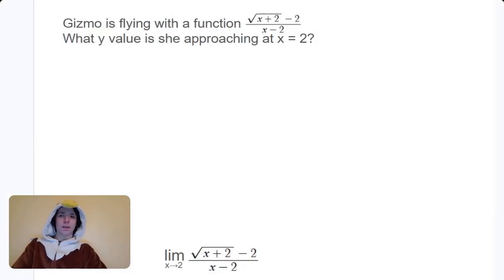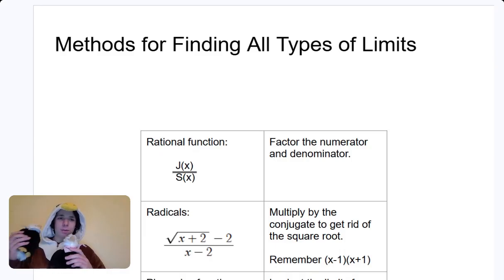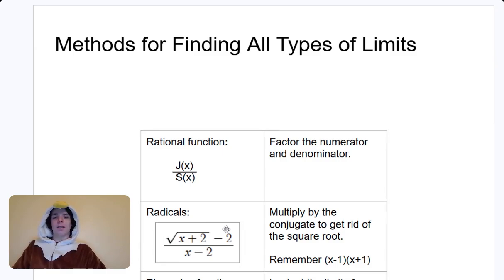Now let's look at a review of all the ways we can find limits. A rational function, j of x divided by s of x, that's going to be Sunny the quotient flyer: factor the numerator and the denominator. Radicals, we just did radicals: multiply by the conjugate, and that will create a difference of squares to get rid of the square root.